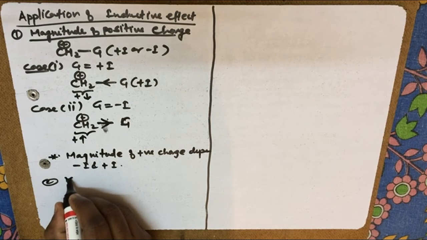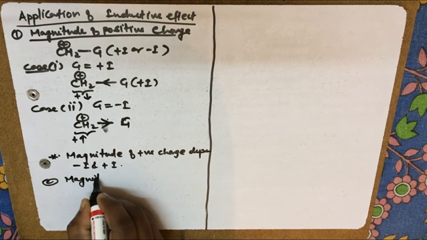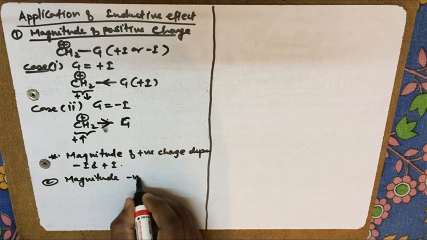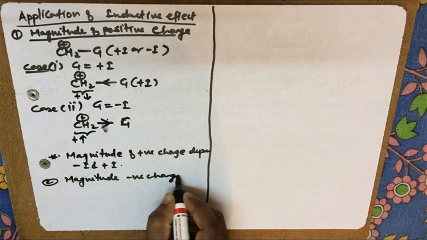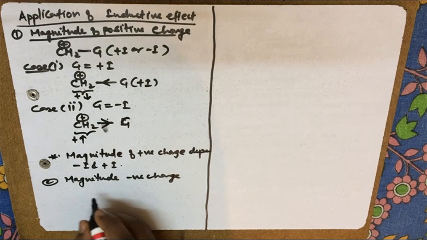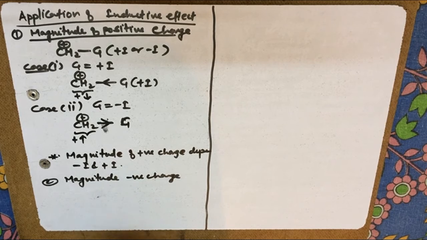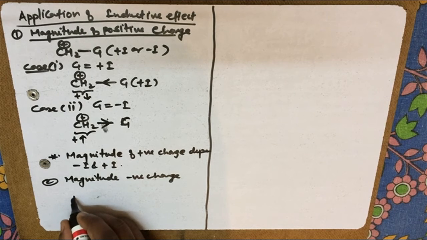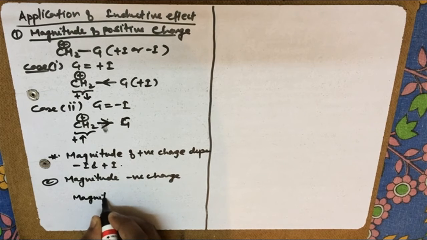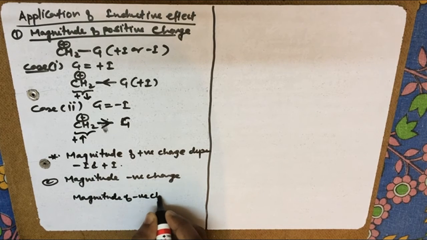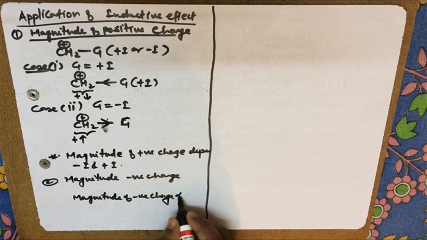When the magnitude is of a negative charge, what will happen? Your dependent relation will come out: the magnitude of negative charge will be inversely proportional to the minus I power of the group.